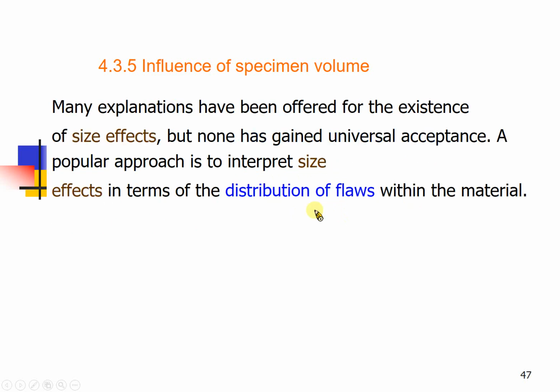I already explained this. The size effect of the specimen volume can be explained by the distribution of flaws within the materials. If you have a larger volume, then you will have more flaws, and this will reduce the strength of the materials.